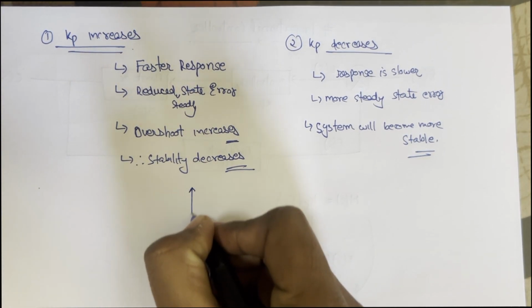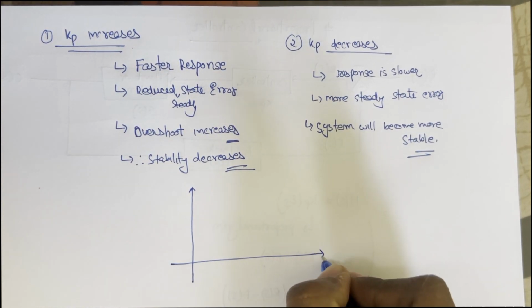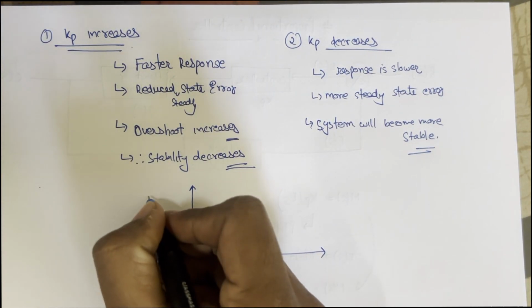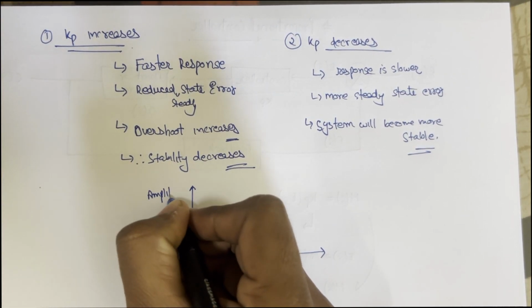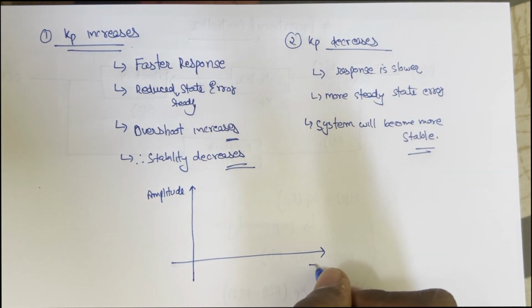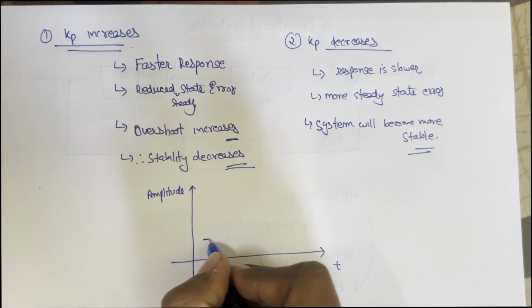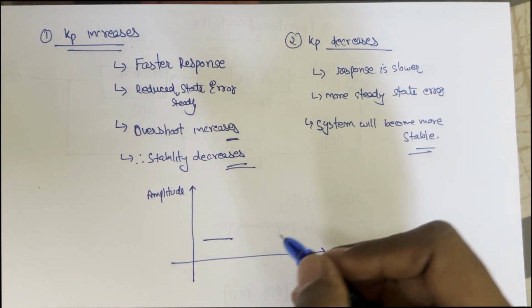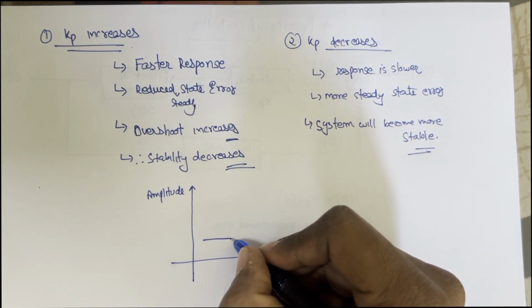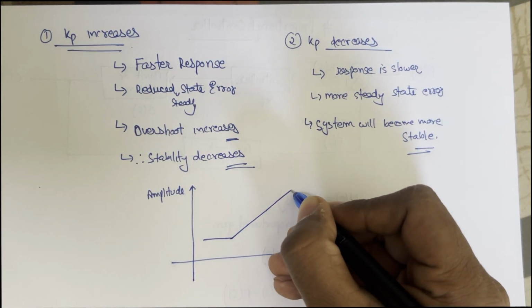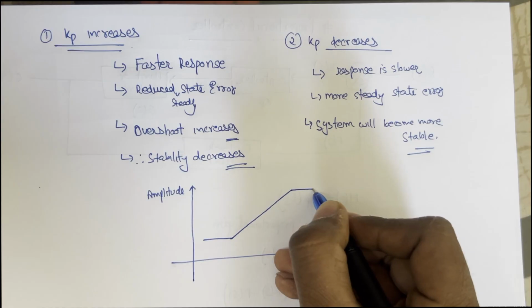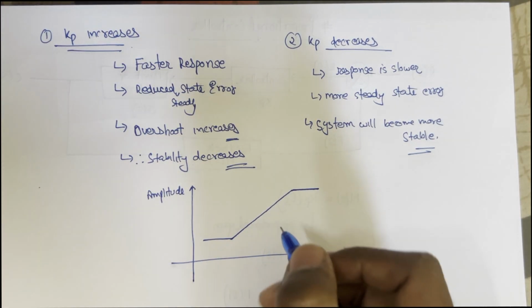Let's understand this using a graph. This is amplitude, this is time t. So when the value of Kp is lower, the graph will be smoother and will take much time to reach the same level.